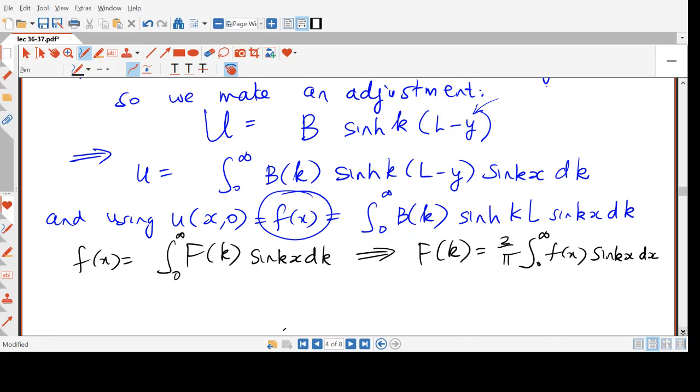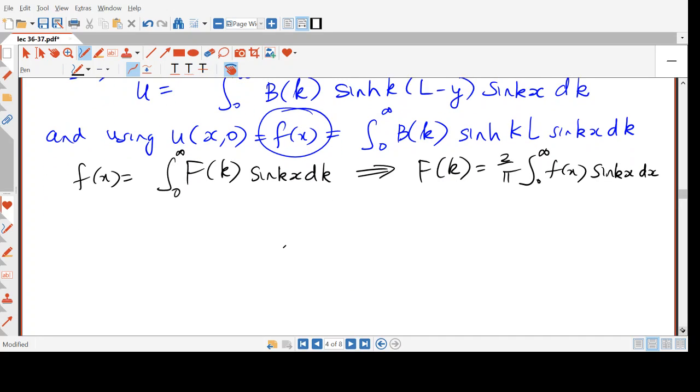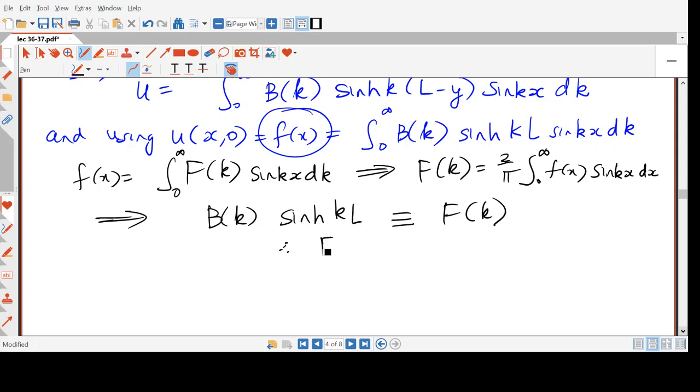So you'll see the structure is exactly the same as what we have above it. So this suggests that b of k sinh kL is exactly the same as this F of k, right? So that means the b of k will be F of k over sinh kL.